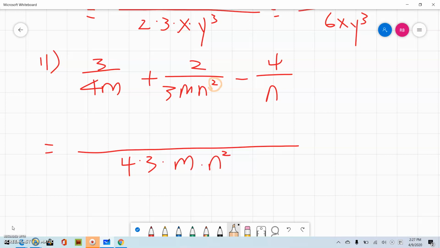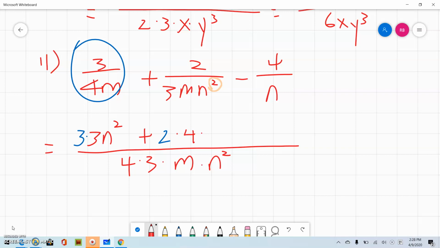So then we need to think about what do we need to multiply in the first fraction to make it look like the denominator. Well, it already had 3, and I'm missing 3 and n squared, right? And then the second one, I already had 2, but it's missing 4, and it has m, it has n squared, and so 4 is the only thing that is missing.